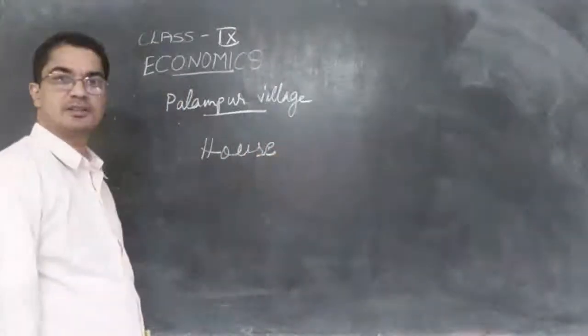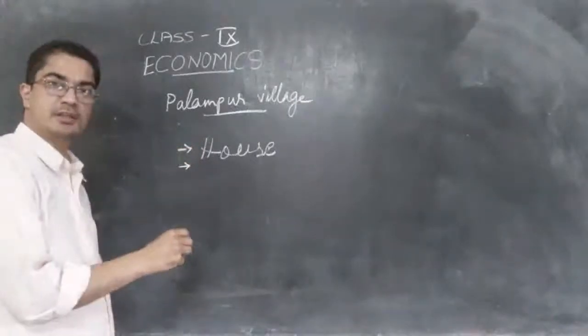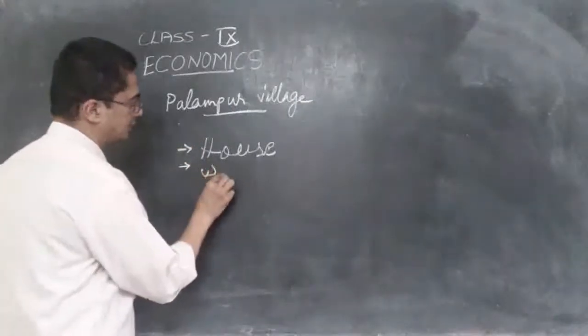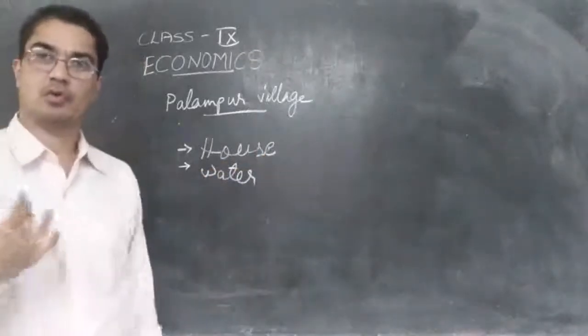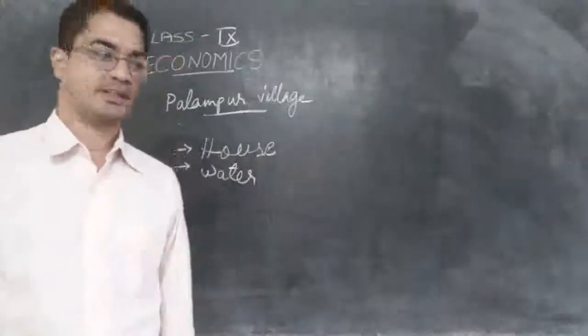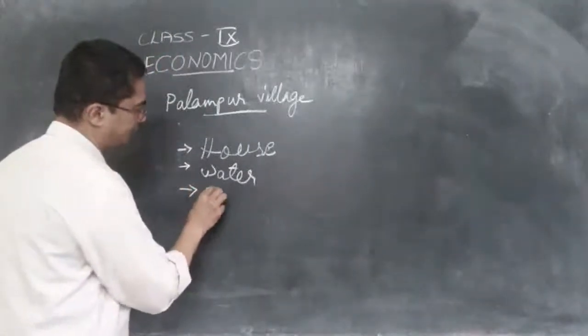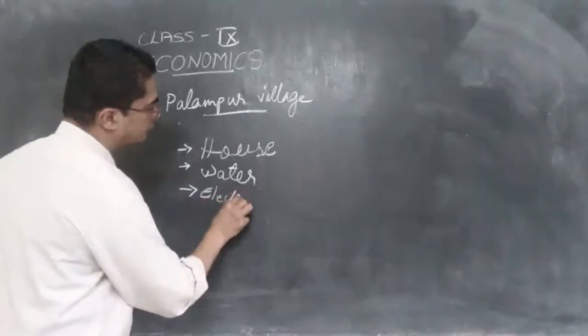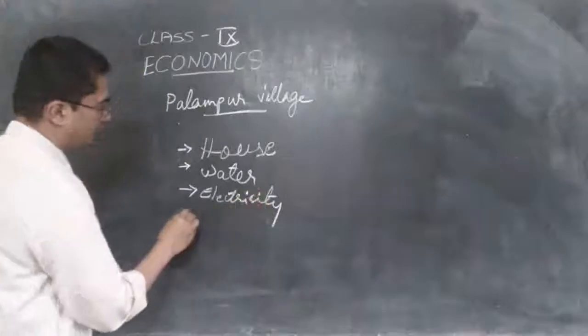Then what else we need? House. We need water. Water should be available for drinking, for cooking, bath, washing, all that. Then we need electricity. Then we need road.